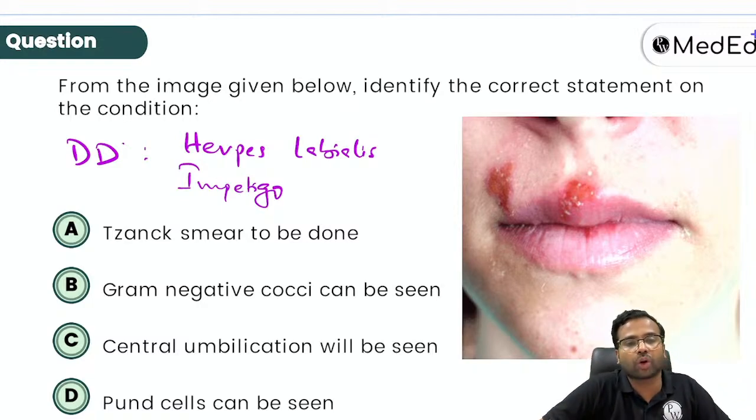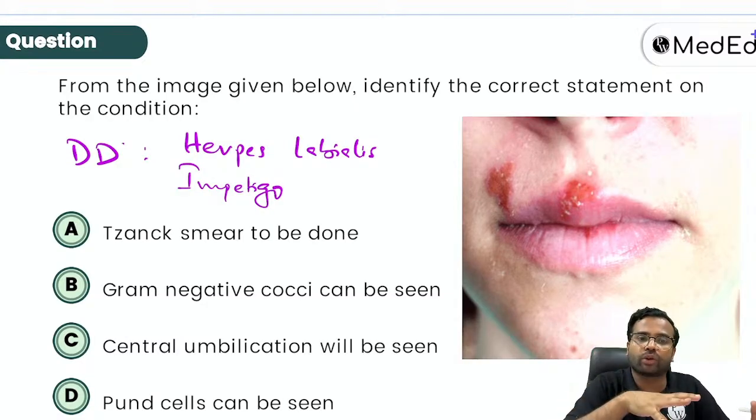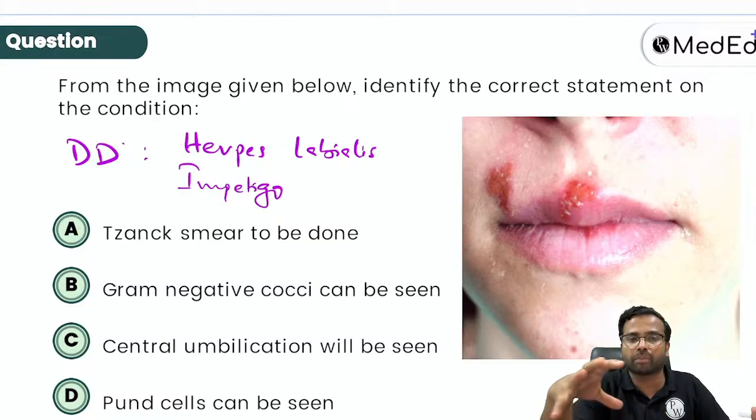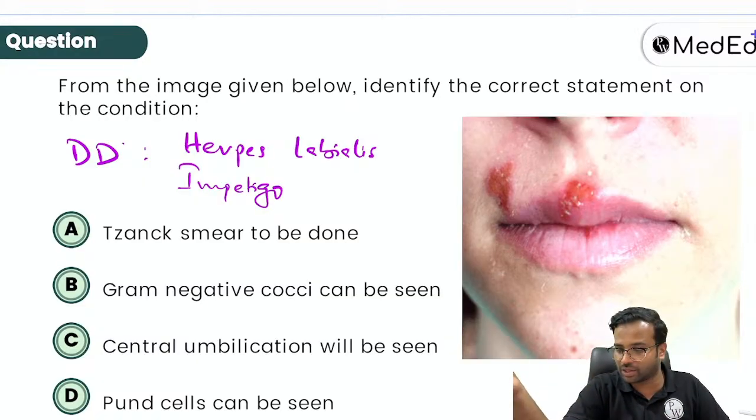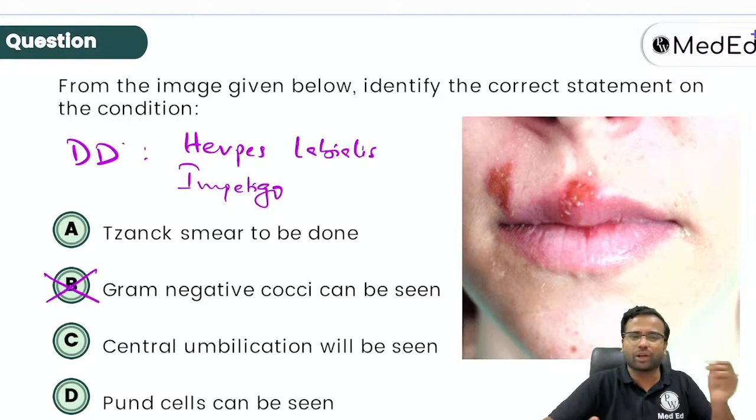Gram negative cocci can be seen. So in case this was impetigo, will we see gram negative cocci or gram positive cocci? It can be gram positive cocci. So this can be gram positive, so that we can rule out.